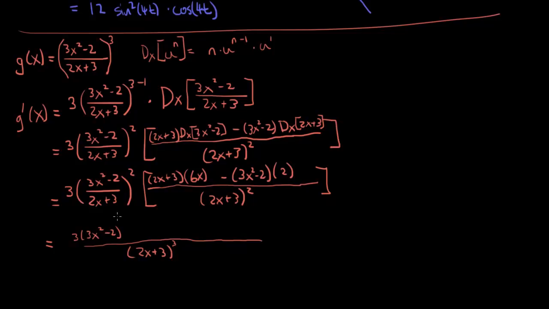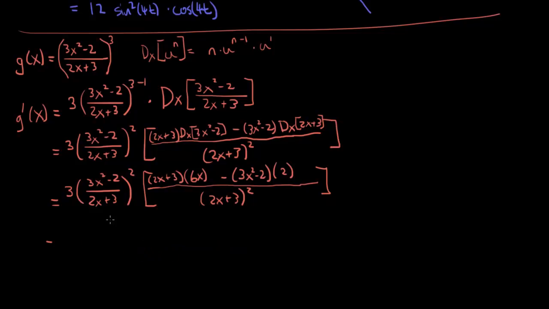Oh, I missed that. I made a mistake. We have a 2x plus 3 squared. Thinking about the rules of exponents, we have a 2x plus 3 squared on the bottom here too, and we have a 3x squared minus 2, quantity squared on the top here. So maybe I'll write that out.